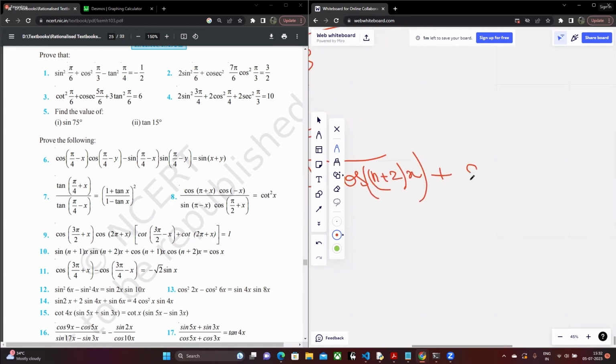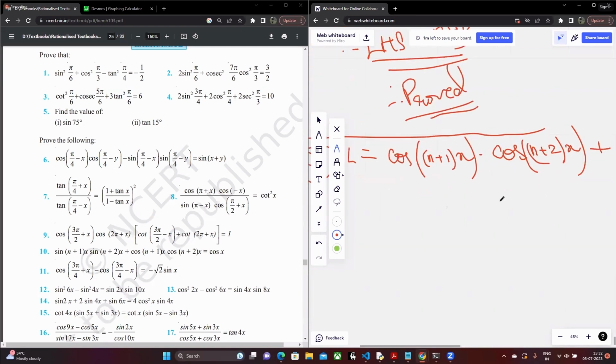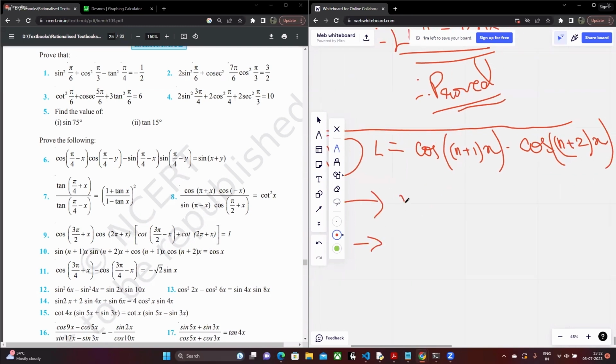Right. This plus sine of (n plus 1) times x, sine of (n plus 2) times x. Let me deal with two substitutions, right?